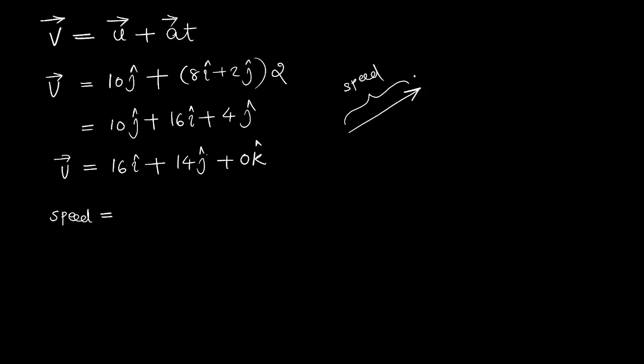Speed is defined as the magnitude of velocity, given by root of coefficient of i square plus coefficient of j square plus coefficient of k square. So the speed is the length of that vector. Magnitude of the velocity is said to be speed.